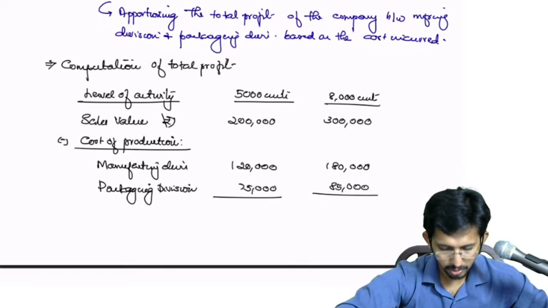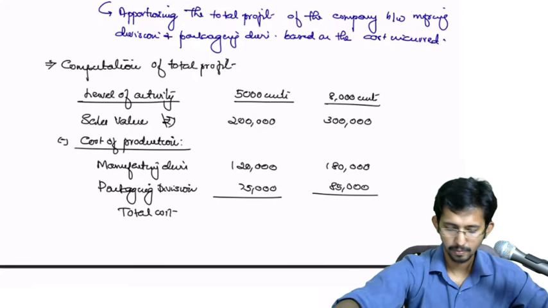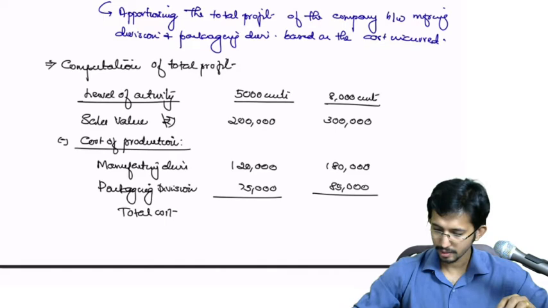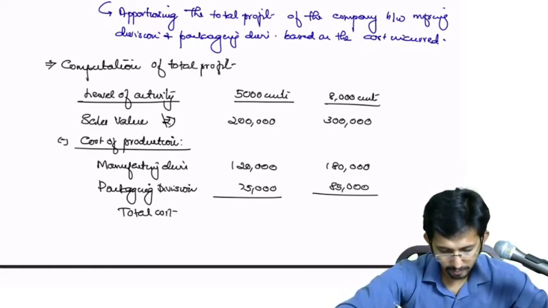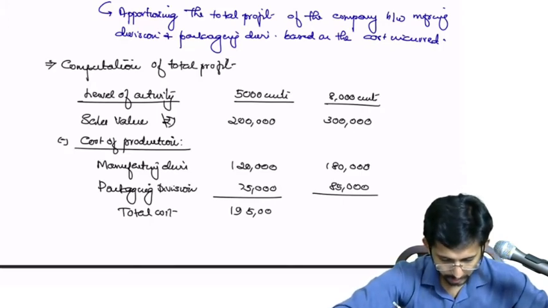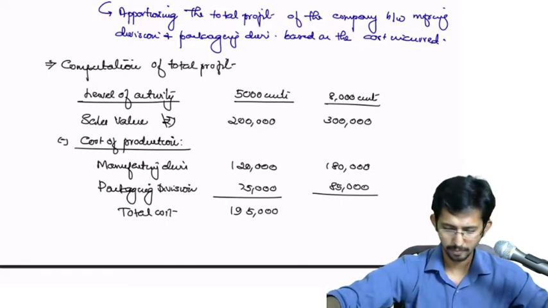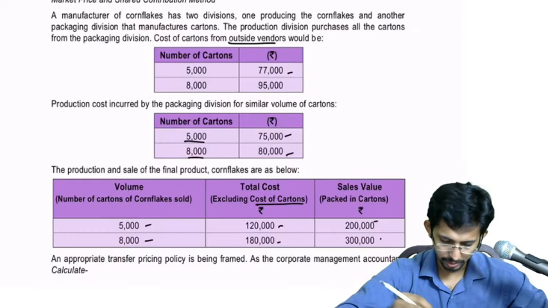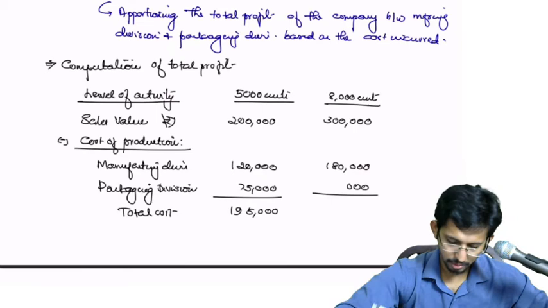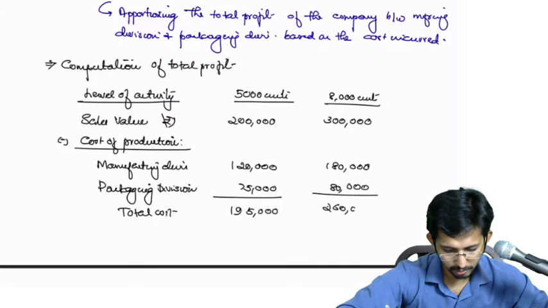Okay, so total cost: two lakh minus 1,20,000 minus 75,000. No, total cost will be 1,95,000, and here 2,60,000. Is it 85,000 or 80,000? It is 80,000. So 1,80,000 plus 80,000 is 2,60,000.